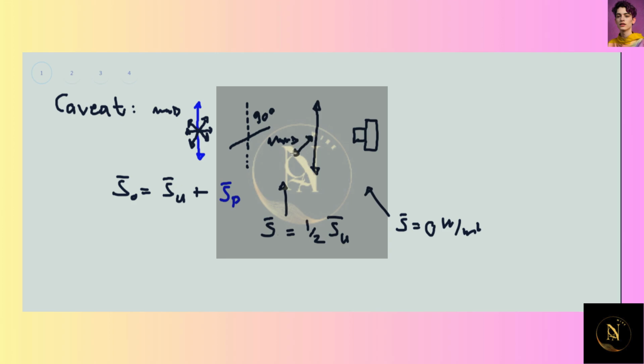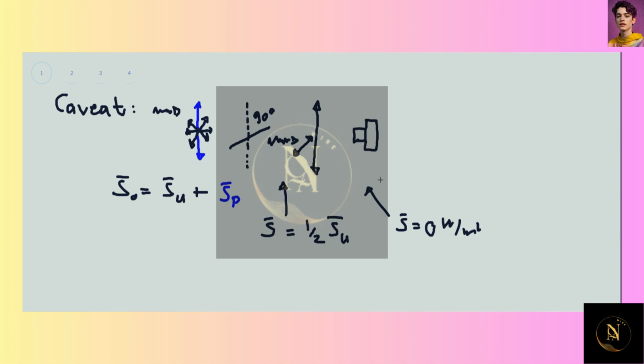But now this light that goes in here is going to be polarized along the horizontal direction. And so if the second polarizer has a vertical axis, i.e. perpendicular to the polarization of the light that's in the middle, then there's no intensity coming out on the right.